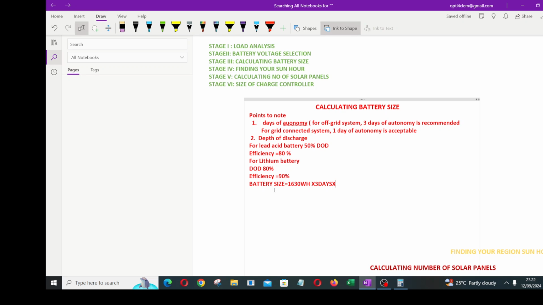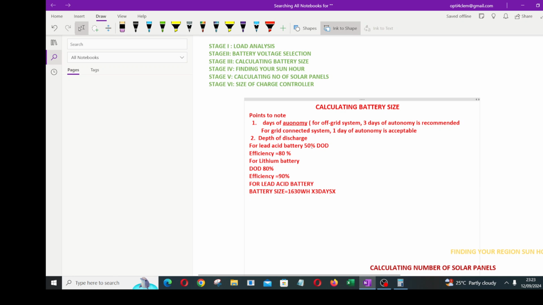I want to do the calculation based on lead acid now. For lead acid battery, remember we said the depth of discharge is 50%.